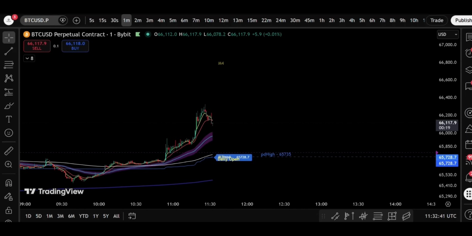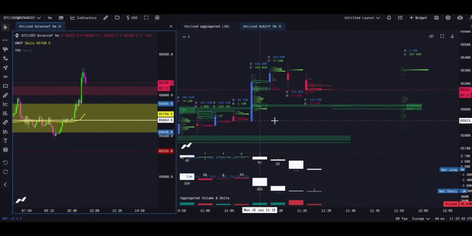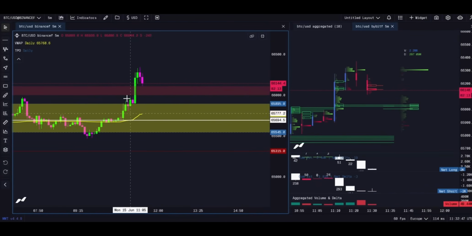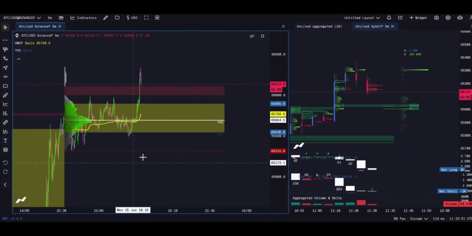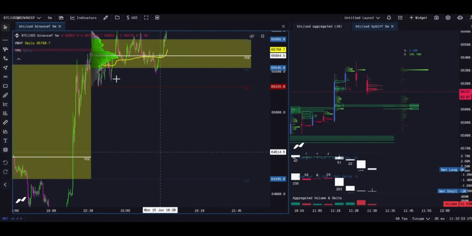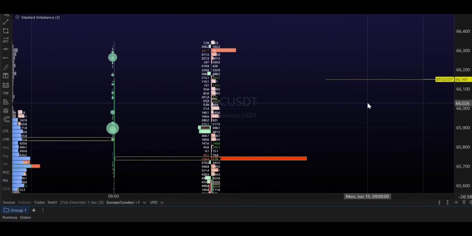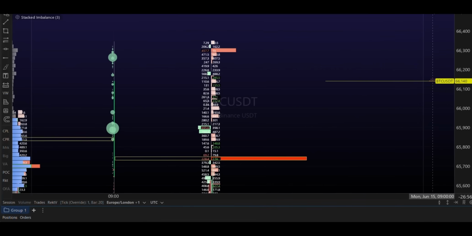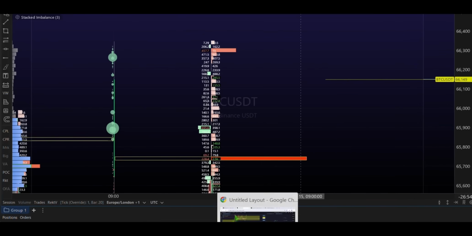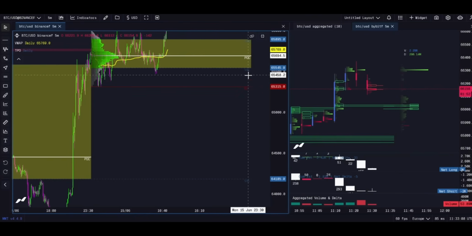Now, looking at the actual order flow, I can see that we have broken above the local value area high. However, we do have imbalances here, but I also noticed that as price was pushing up, we were selling, or Binance was selling, or their traders were selling.